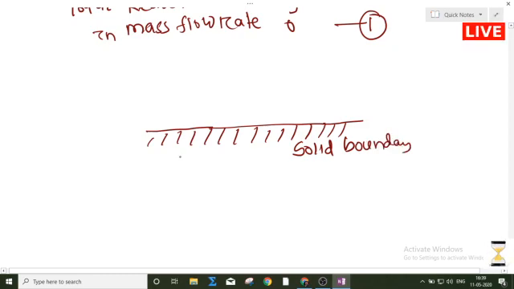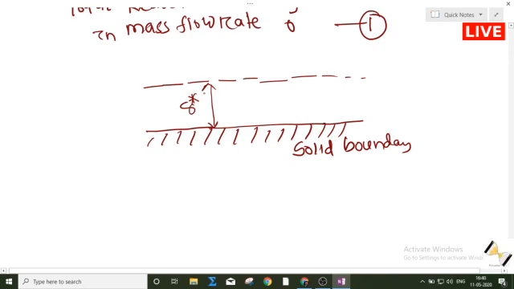So what is the definition saying? The amount of distance displaced perpendicularly from the solid boundary in order to compensate the reduction in mass flow rate is called the displacement thickness. Suppose the boundary has been displaced to this one, so this distance is called the displacement thickness.